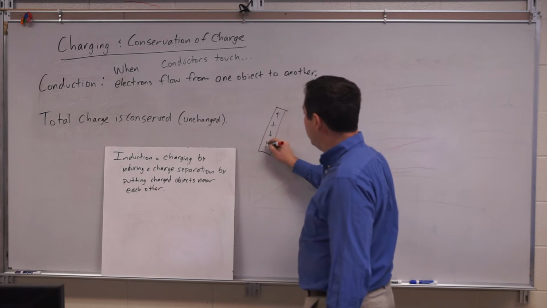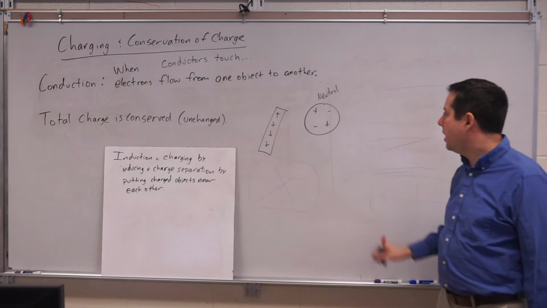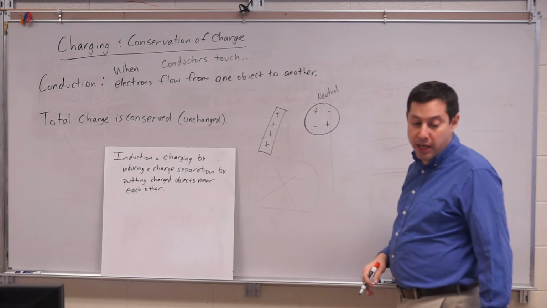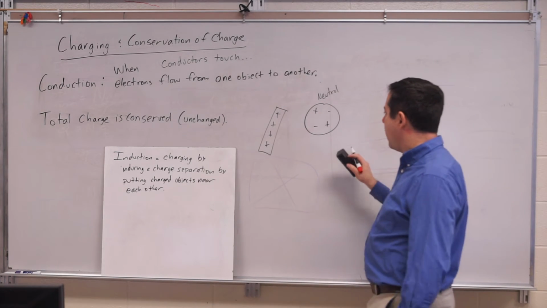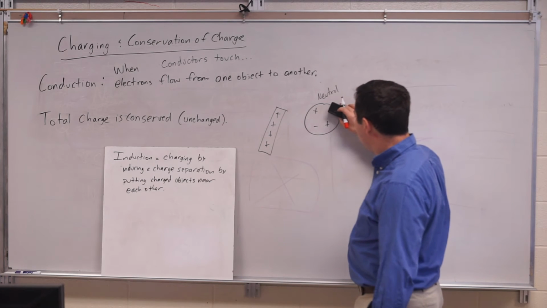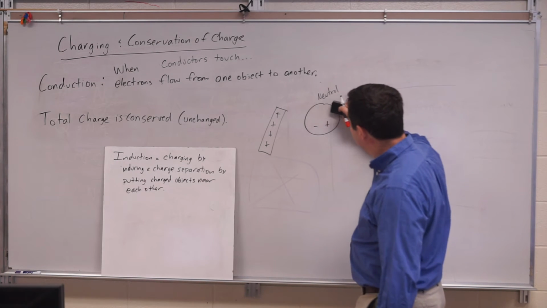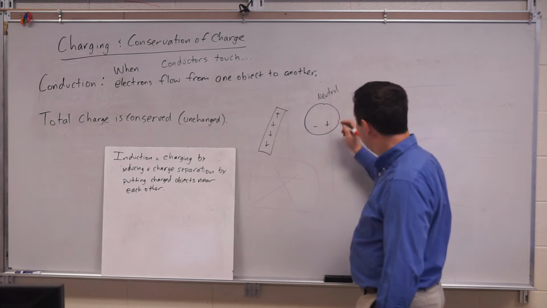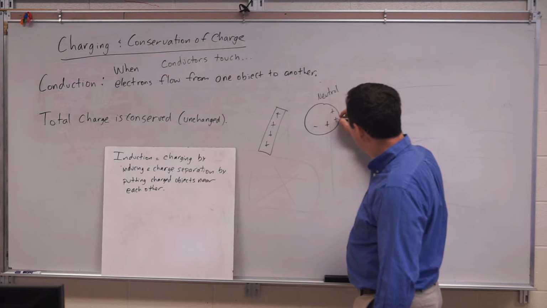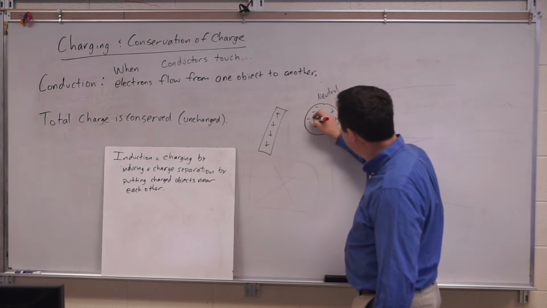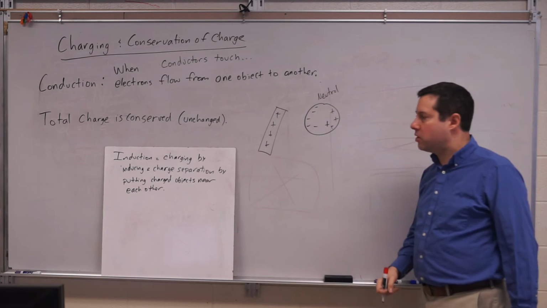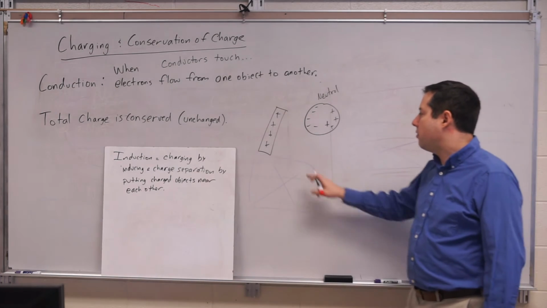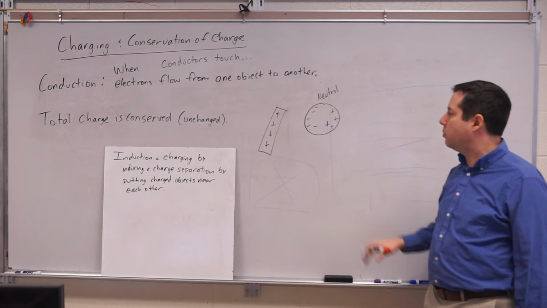Let's switch it up and do positive this time. Initially, if it got near that, you'd induce a charge difference on this, so that you're going to end up with electrons all going to the left side here, and protons going to the right side. If you brought the rod away, it would go back to the way it was before.